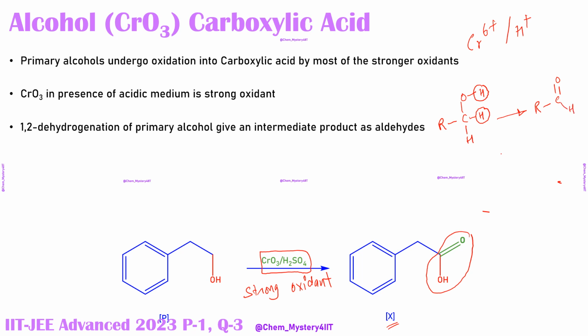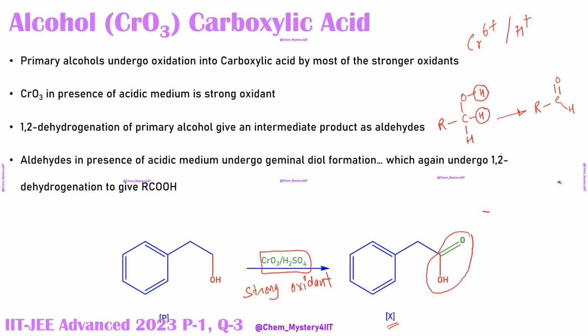This aldehyde in acidic medium undergoes formation of the geminal diol very easily. So the geminal diol of this compound would look like this: there is one hydrogen, there is one OH, again there is one OH. Over here, once again we are doing 1,2-dehydrogenation.